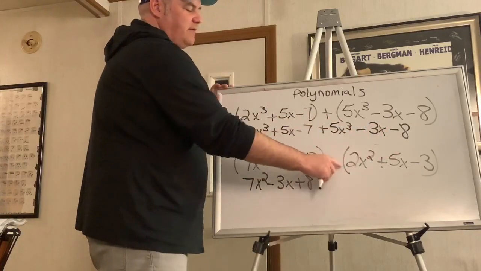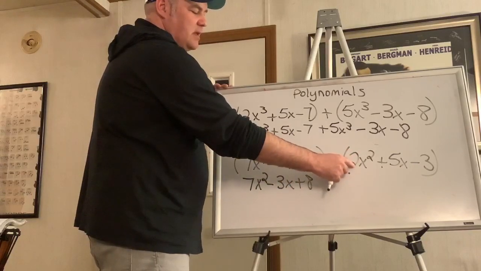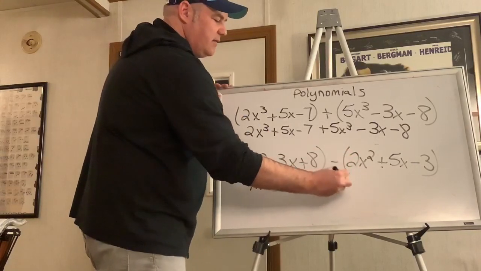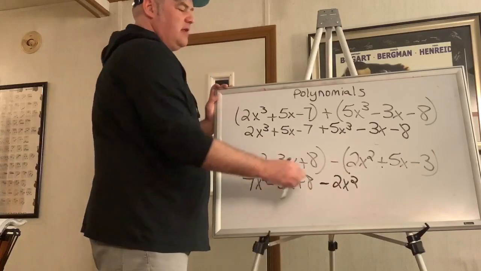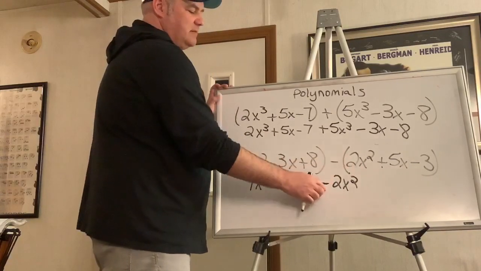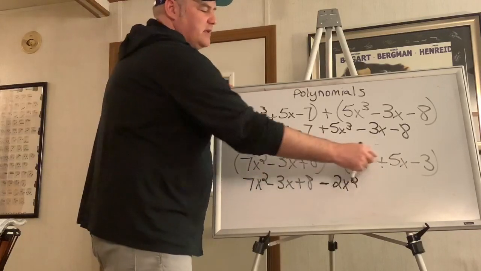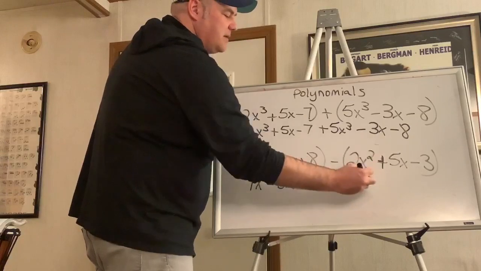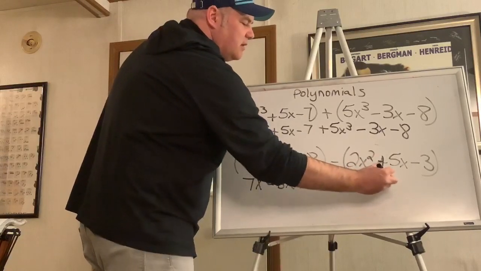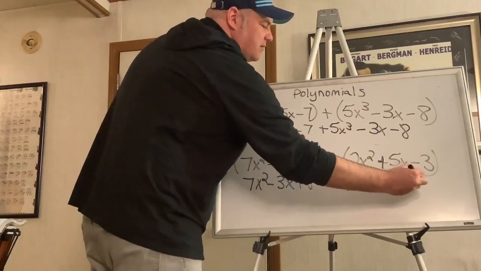And so the main difference is every sign changes. If this was positive, it now becomes negative. This is negative 1 times this, and so this now becomes a negative 2x squared. Negative 1 times positive 5x becomes negative 5x. And negative times negative 3 becomes a positive 3.